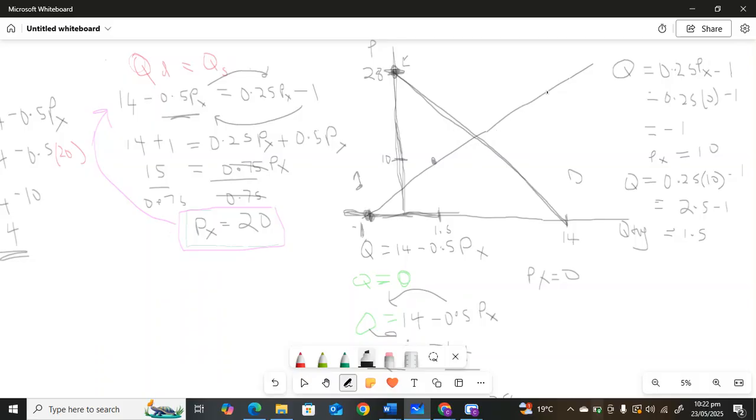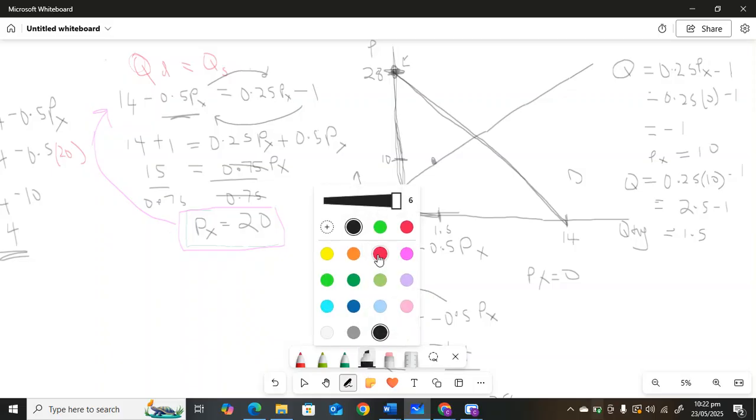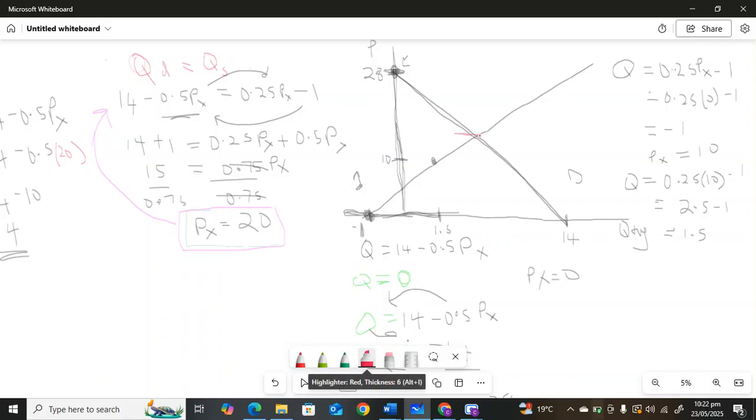If you want, you can find two more points. Then your equilibrium, where quantity demanded and quantity supplied intersect, would be your equilibrium price. So here the price is 20, and here the quantity is 4.